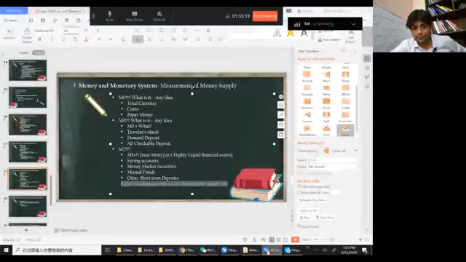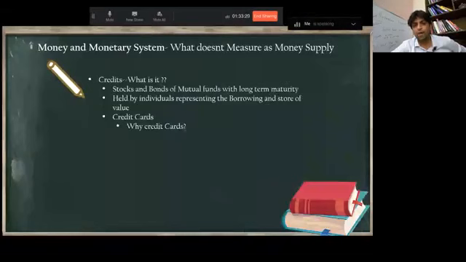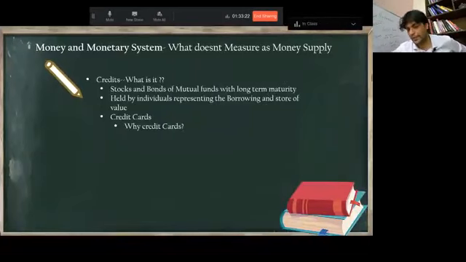Now let's see what isn't included in the money supply. Credits. What is credit? Credit is not only credit cards, but includes other things as well. Why? Mainly because of fluctuating prices.